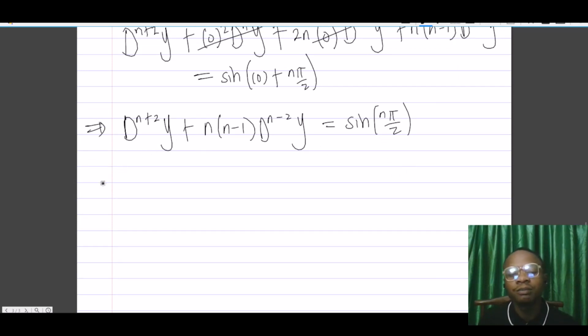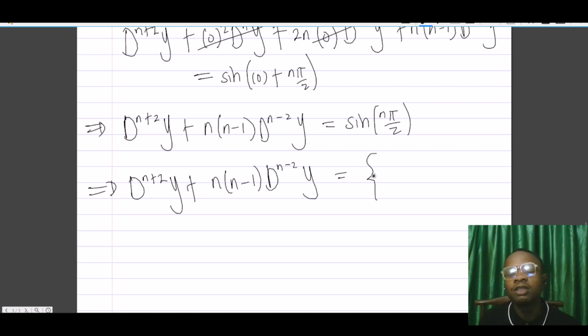Having identified the behavior of this, we can now conclude that for this function, n plus 2y plus n into n minus 1, the n minus 2y equals, it is going to be 0 when n is even, and plus or minus 1 when n is odd.